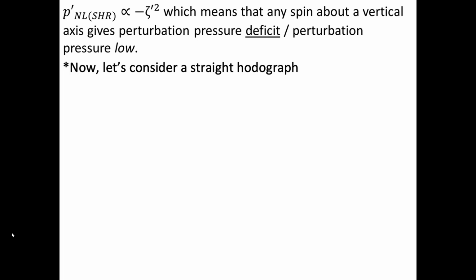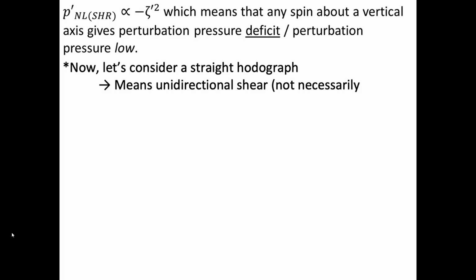So let's consider a straight hodograph. A straight hodograph, I want to indicate, means unidirectional shear, not necessarily a unidirectional wind profile. Think about a straight hodograph that lies along the x-axis, going eastward from the origin.